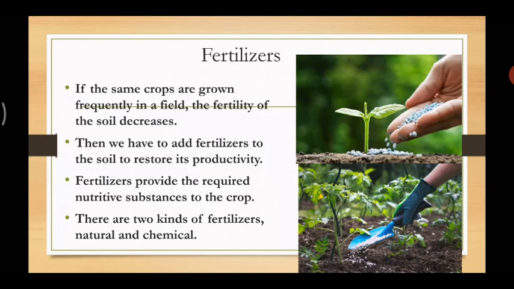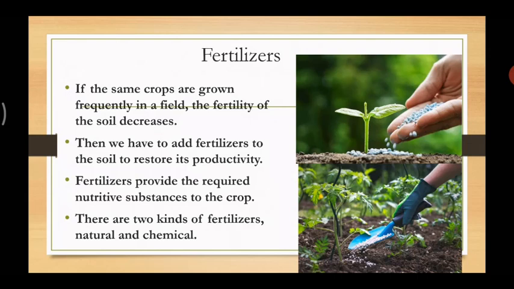The answer is it decreases because the plants use the nutrients from the soil. Once you grow a plant, it is using that nutrient. So if you grow the same plant again, the nutritive value is decreased. For its growth, the nutrients in the soil get depleted. Then we have to add fertilizers to the soil.